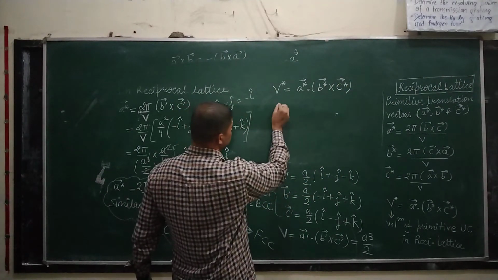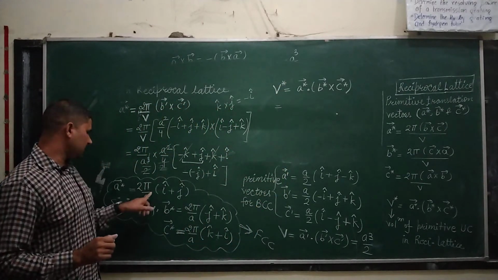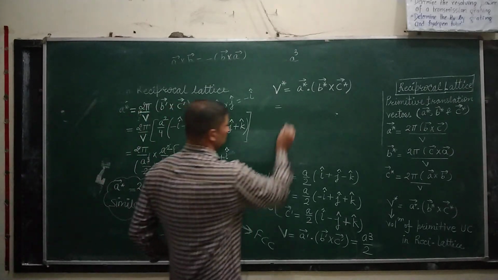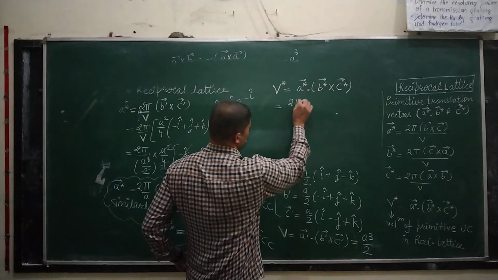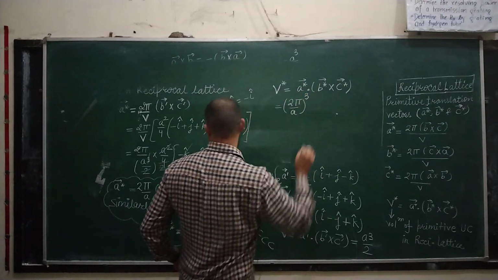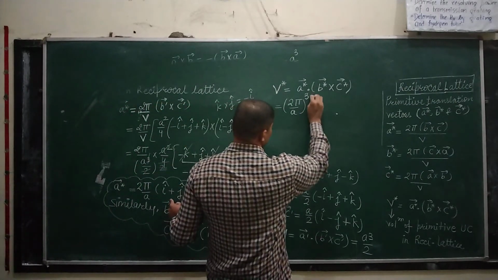So here if you put their value, then you will see 2 pi by A is present in all, so I can write it as 2 pi by A whole cube.